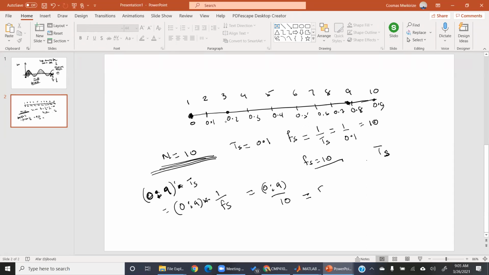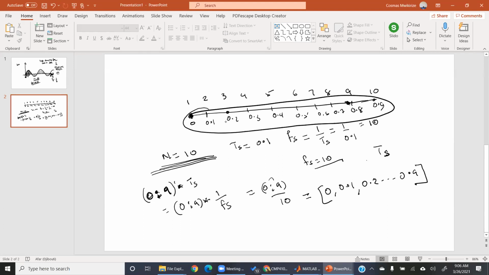So the first number will be 0 over 10, which is 0. The next one, remember I'm going in steps of 1 here, will be 1 over 10, which is 0.1. The next will be 2 over 10, which is 0.2, until I reach 0.9, which gets me to where I want to be.